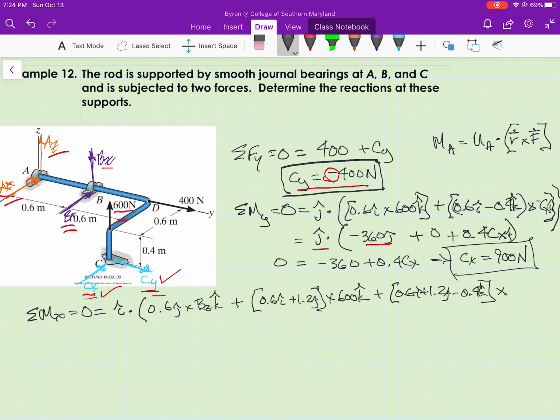Now, C sub y is, I'm showing it in the positive direction on my free body diagram. I know it acts in the other direction. I've already solved for that. It's a known now. So I need to show that 400 newtons as a minus 400j.